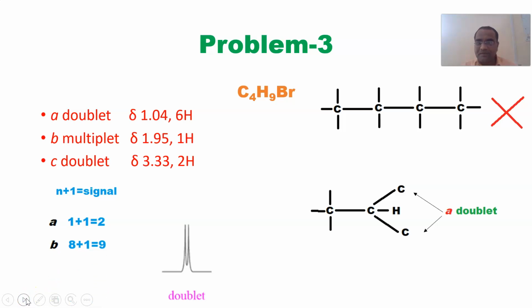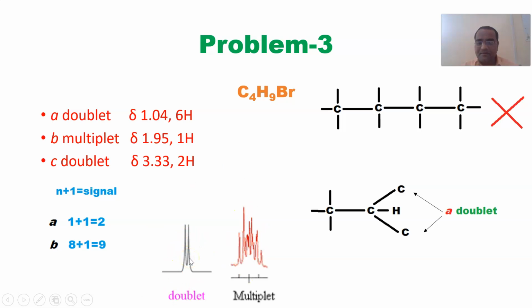Now going towards the multiplet, here I have written 8 protons, as per how much it is giving. But the multiplet, whenever we record a spectrum, looks like this. It is not separated properly, and the signals are not separated properly.